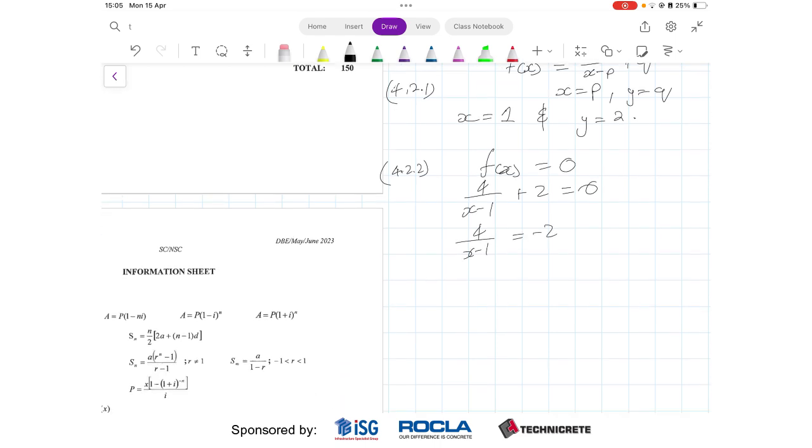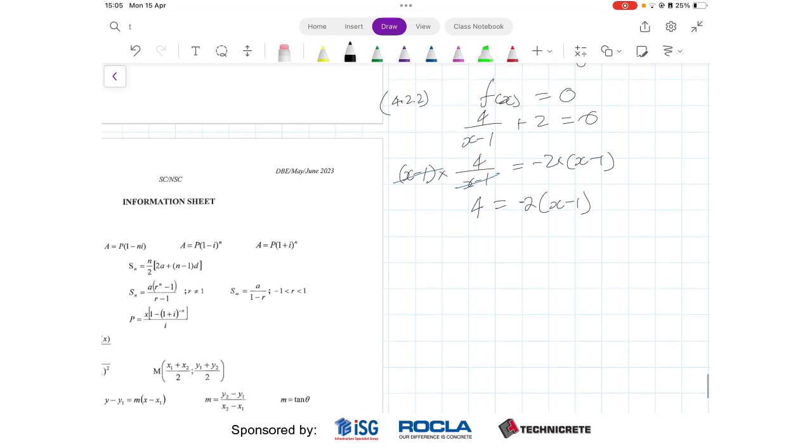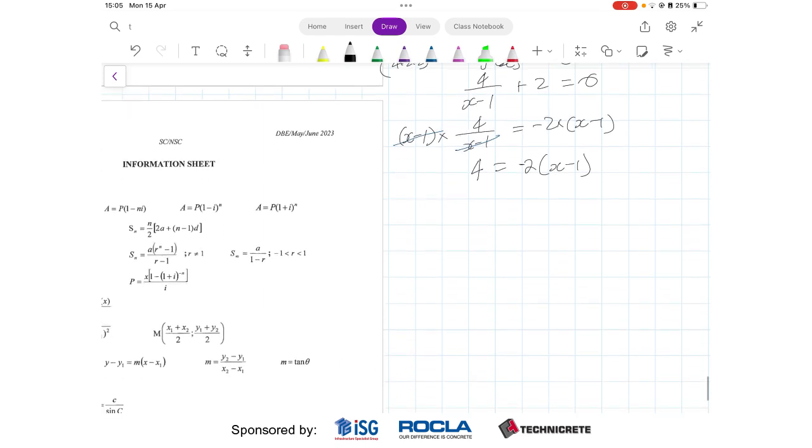Then we multiply with x minus 1, and we multiply this side again with x minus 1, such that these two cancel each other out, and we are left with 4 equals negative 2 into x minus 1. Now I'm just going to flip this around so that it allows for better flowability. I'll write this as minus 2 times x minus 1 is equal to 4.